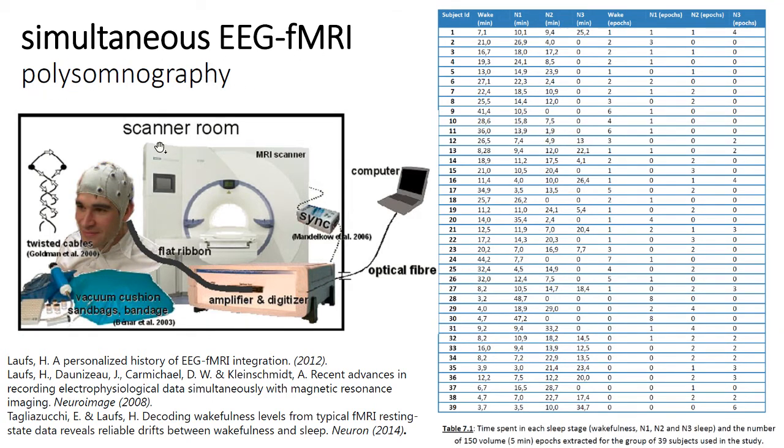We essentially put the people inside the scanner with the cap and all these other things around, and we managed to get EEG recordings that allow sleep staging inside the MRI scanner. So we have fMRI during sleep. We have lots of subjects. This is a detail of 39 subjects.